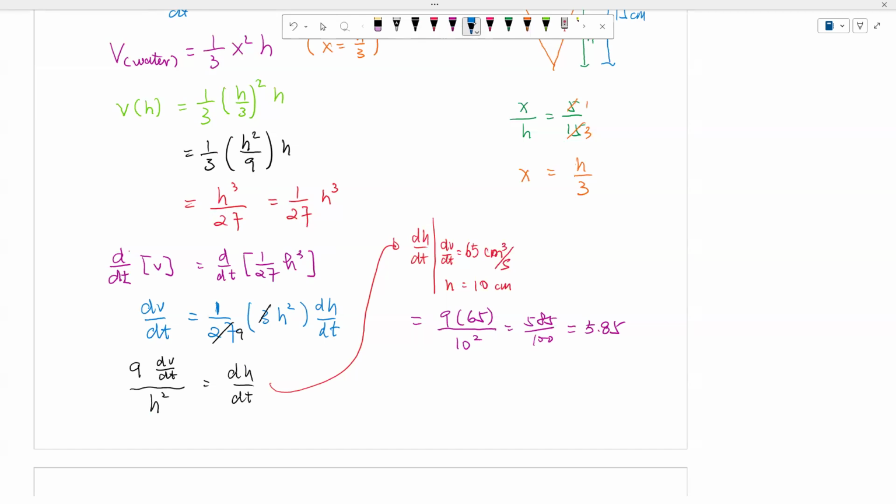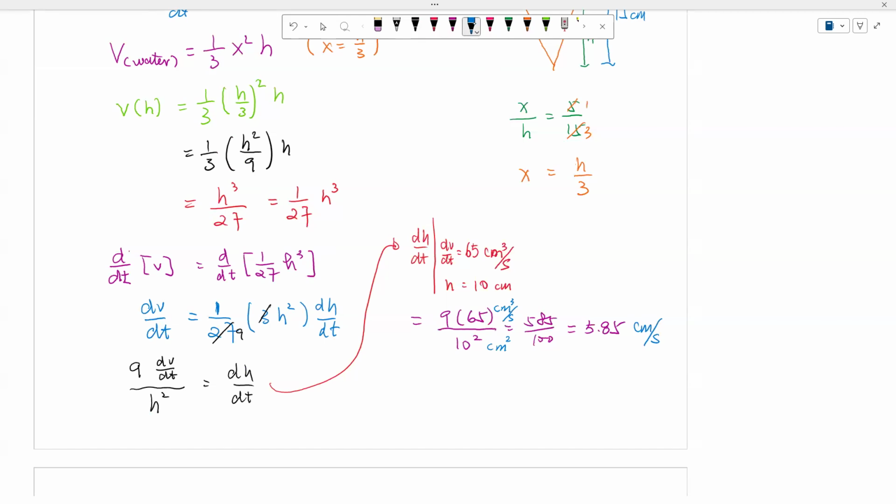Now let's see how we work it out with the units. Here we have cubic centimeters per second, and here we actually have centimeters squared. When we cancel it, I will have centimeters per second.